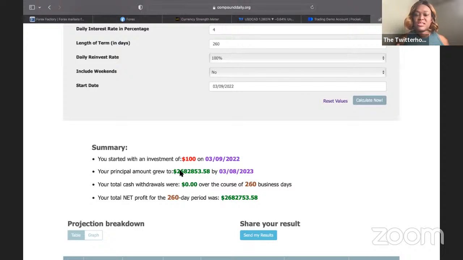So when it comes to losses, you need to know what your stop loss is. What's the amount that you're willing to take a loss on, and then you will be done for the day. Because you can't just be trading, and your account is going down, going down, going down.